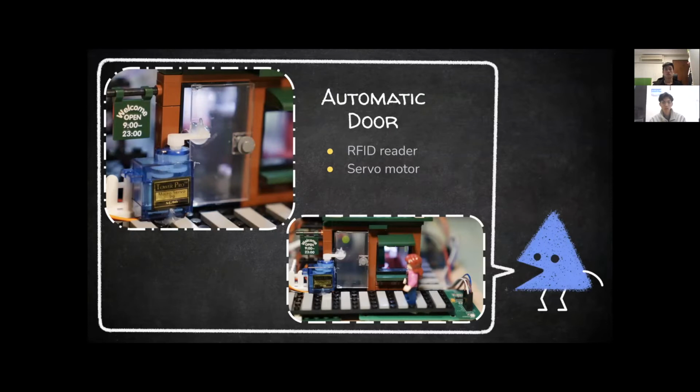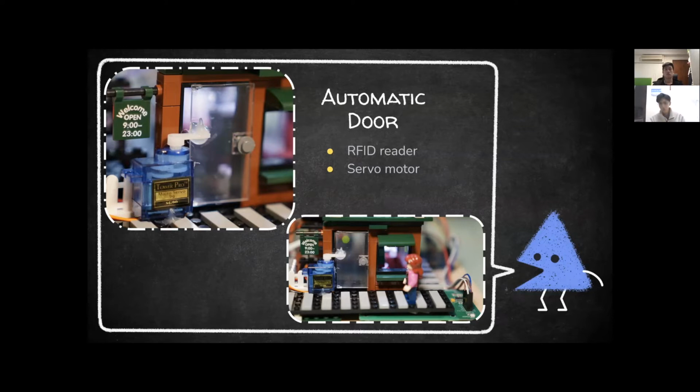Okay, let's talk about the automatic door. The automatic door has an RFID reader and also a tag. When the RFID detects the tag, the servo motor will move to open the door.